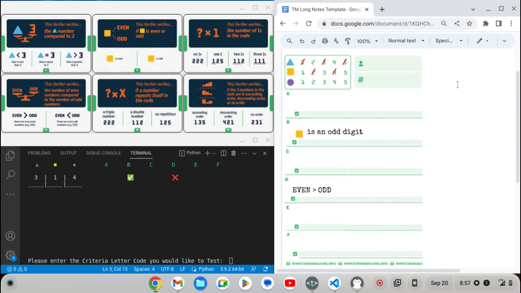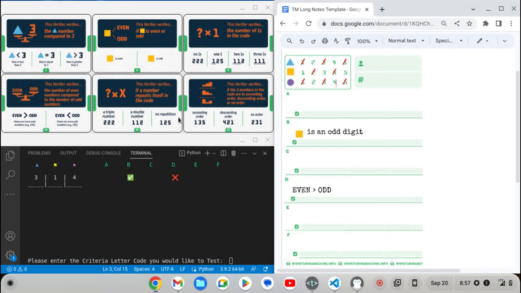Okay, and then circle as well. And so we are then looking at a solution that is even, odd, even.